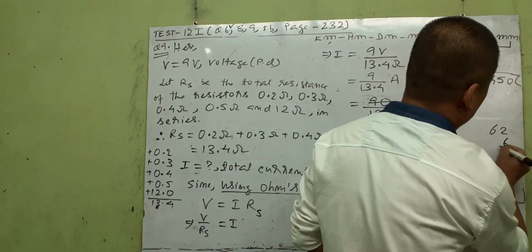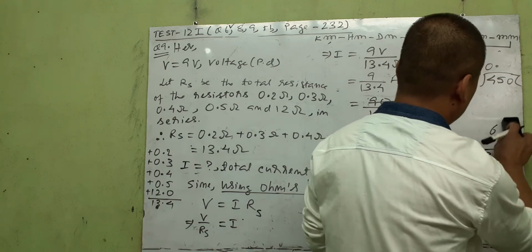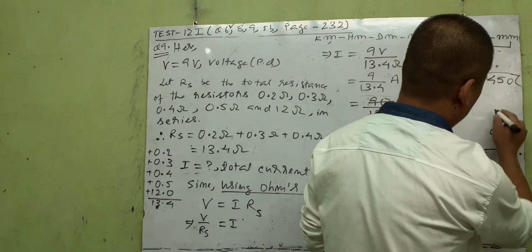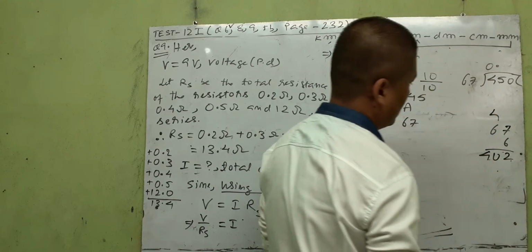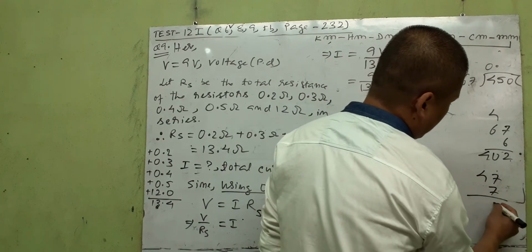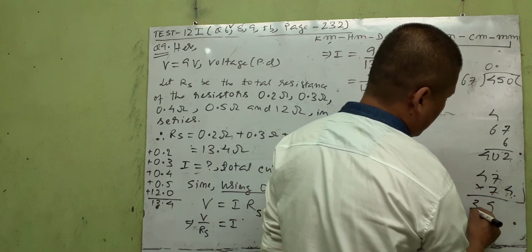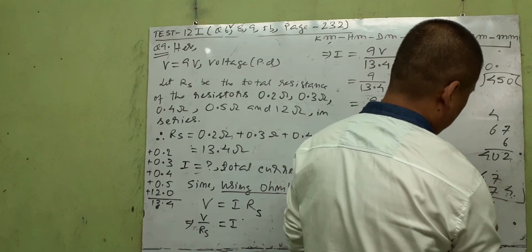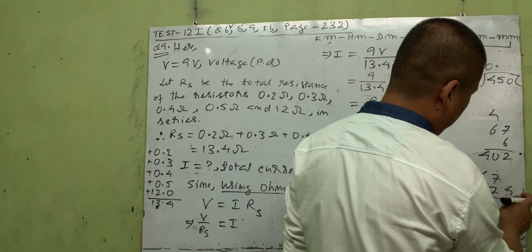Let's try with 6: 6 7s are 42, 6 6s are 36. Go one more: 7 7s are 49, 7 6s are 42, 43, 44, 45, 46.